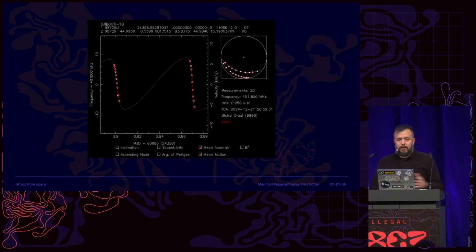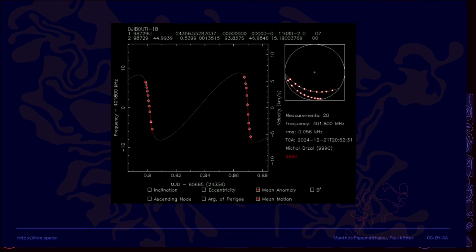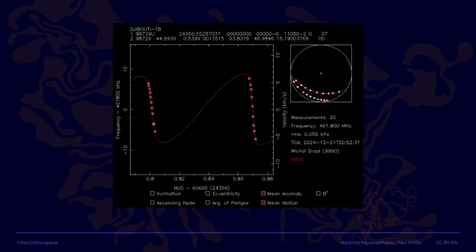So they have built a project called STRF, and they are doing fitting of orbital data over incoming signals. Here you can see two passes over ground stations, and you can see the gray line, which is a fit over the red dots.